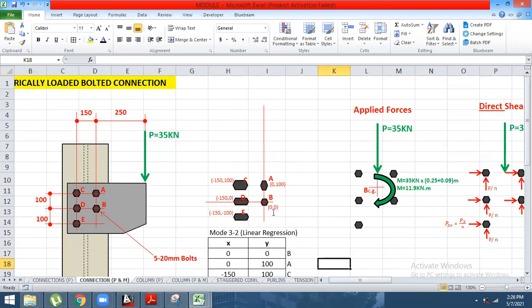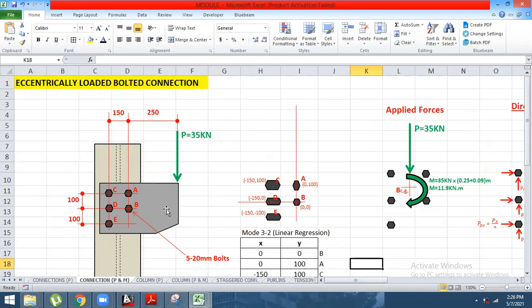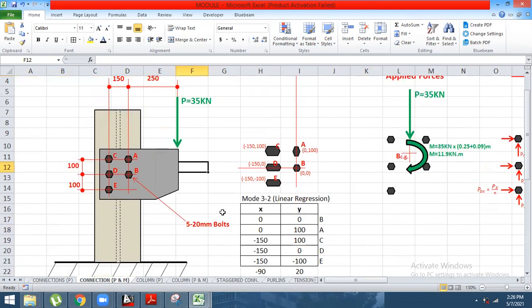So through this one, first thing first, we need to determine the center of gravity of the entire bolt group. By conventional method, you're going to use Varignon's theorem. But for board exam purposes, we need to find it the faster way. So we will use the calculator, the function of mode 3 to the linear regression.